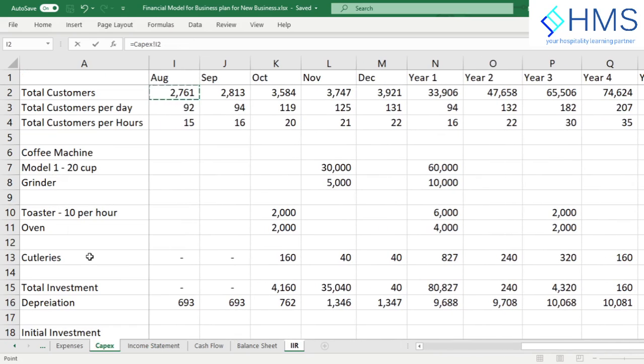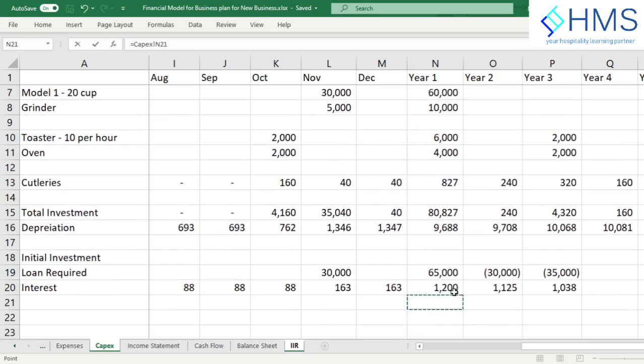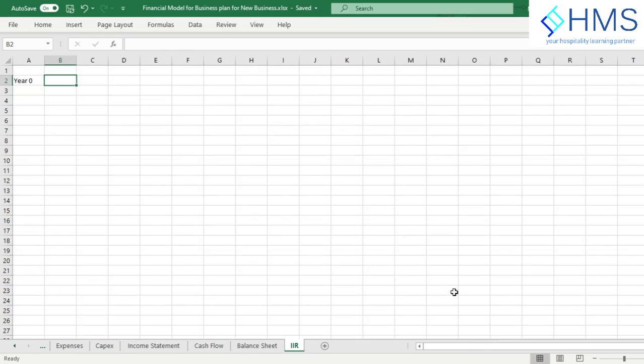Which you can see from the cash capex. So in year 1, our cash requirement, our total investment, is 80,021. That's what we are taking, but we have taken a loan of only 10,000 plus 65,000. So our investment is $75,000, our initial investment and our capital.